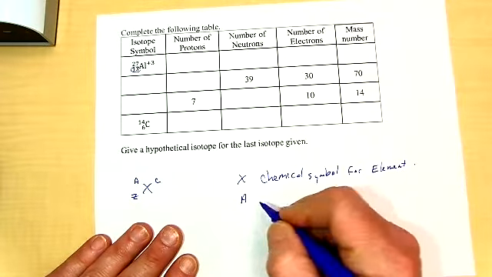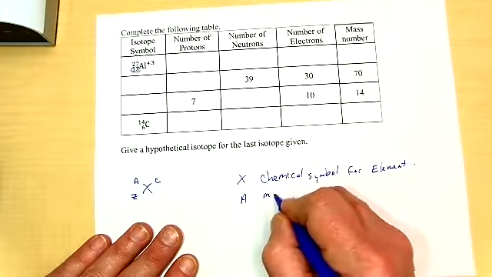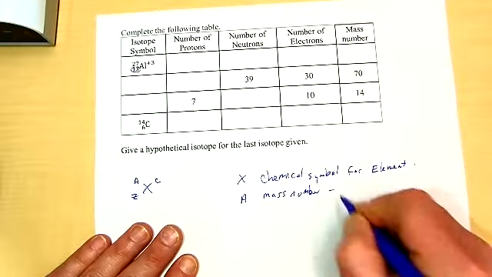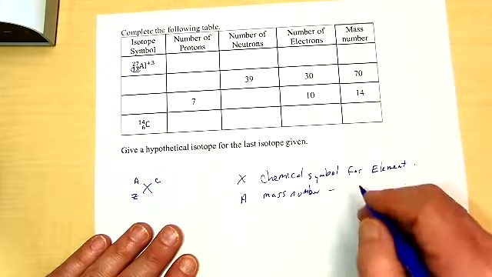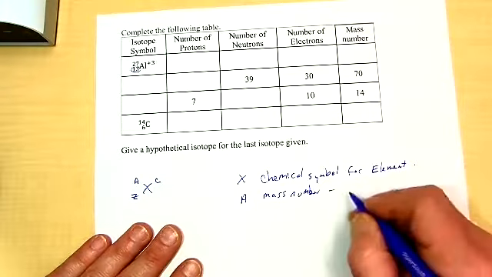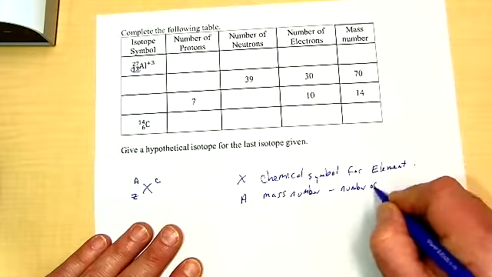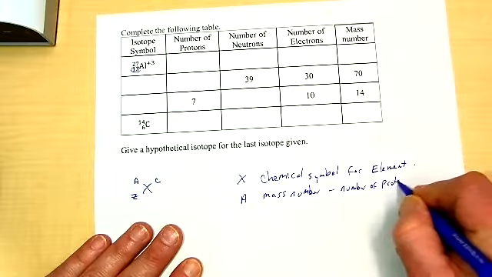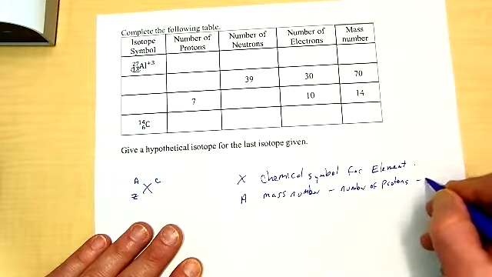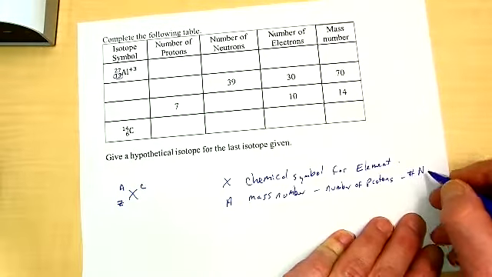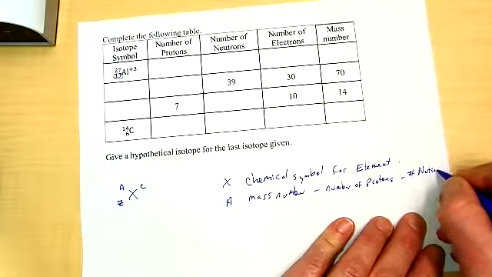A is our mass number. And this is just the number of protons plus the number of neutrons. I'm just going to put N here for number of neutrons.